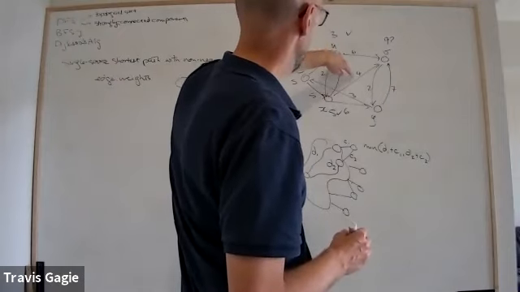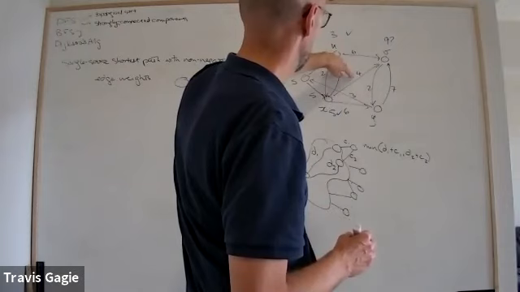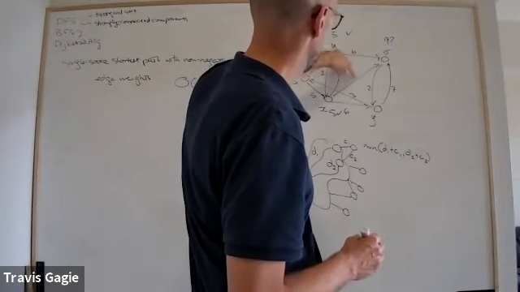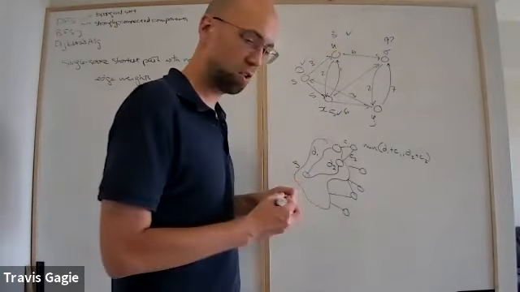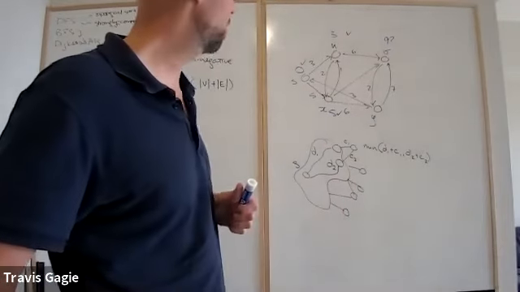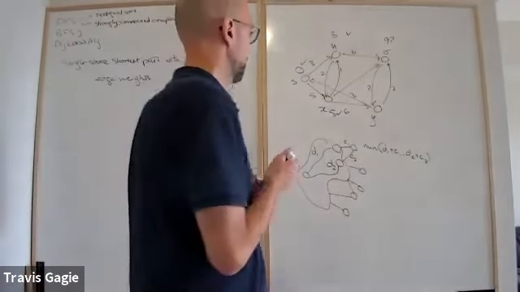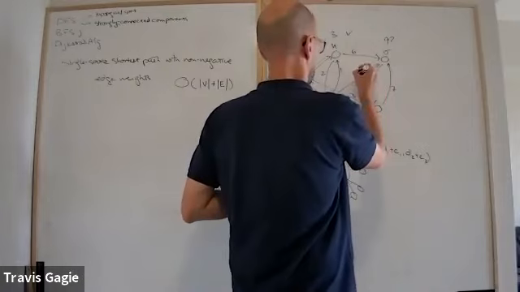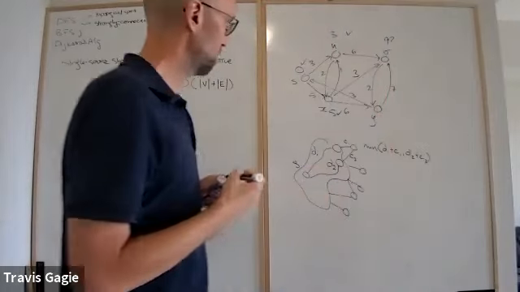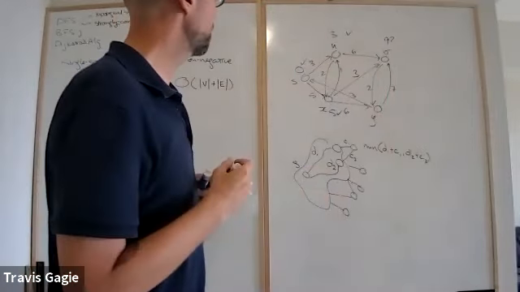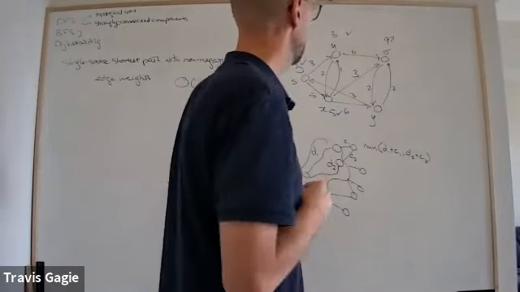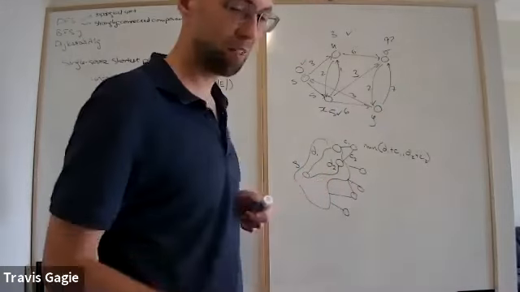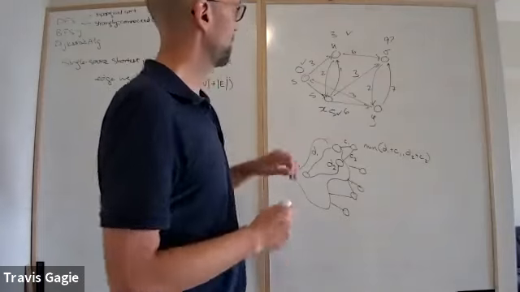Let's make this edge 3. Okay, we'll change this example. So we're going to make this 3 so that it's a better example. This is dangerous, but that's going to make things more interesting.